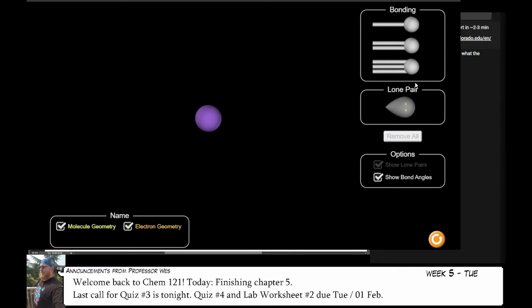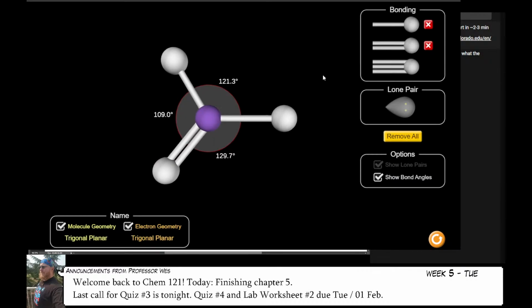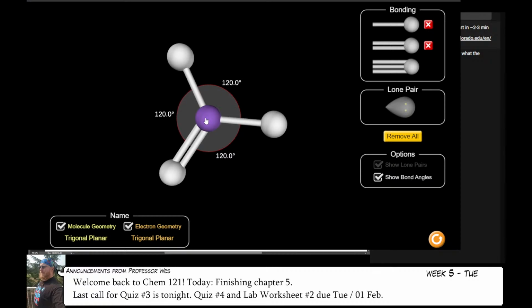So we'll clear everything, and I'll go doot, doot, doot. So I have something that satisfies the octet rule. And you'll notice down here that the electron geometry, which is the VSEPR, and the molecular geometry are the same because they look identical. They're both trigonal planar. So we'll copy that. And, oops, I hit the wrong button. Paste.